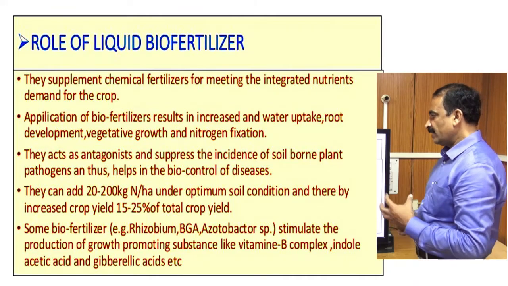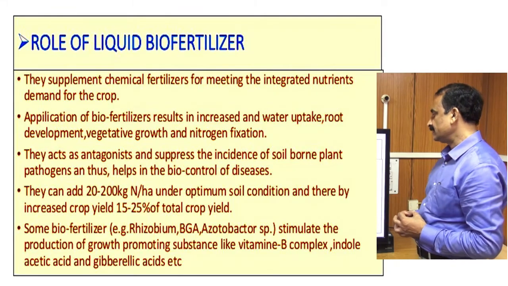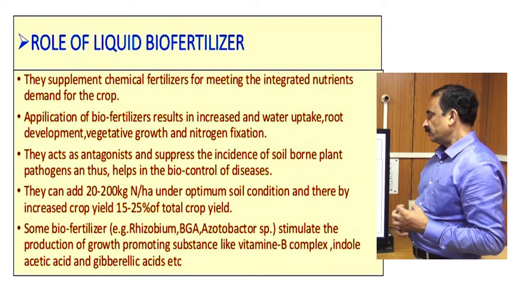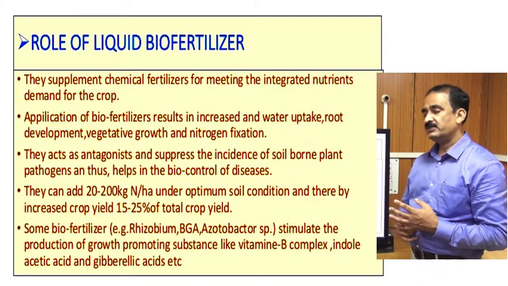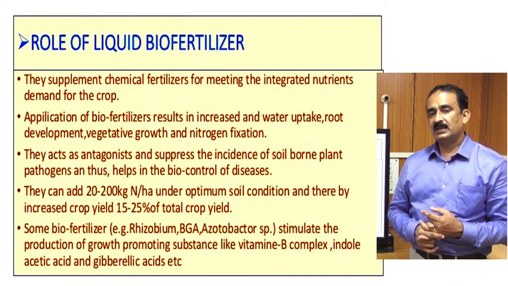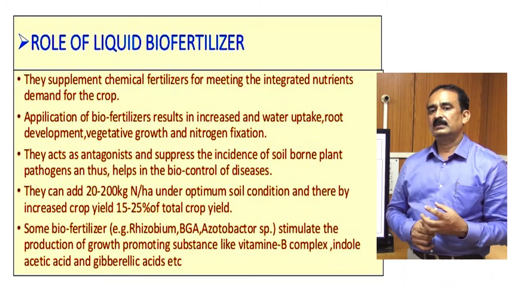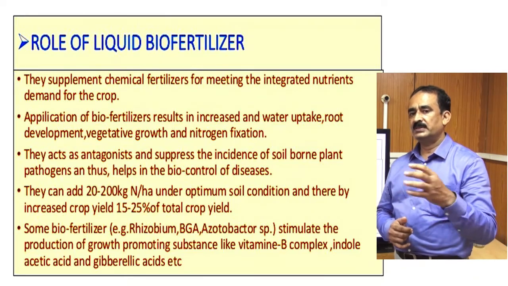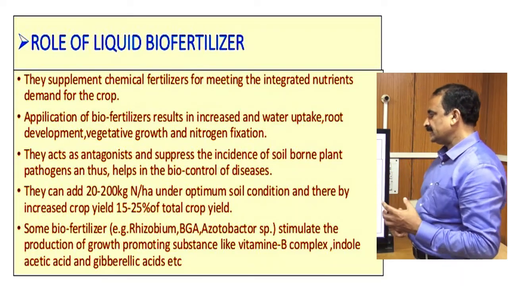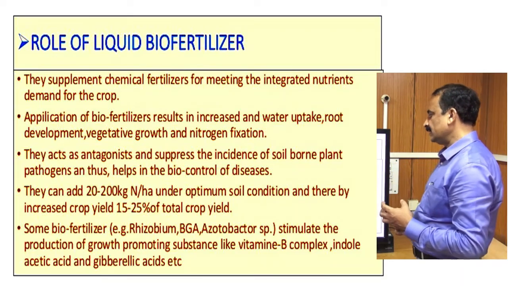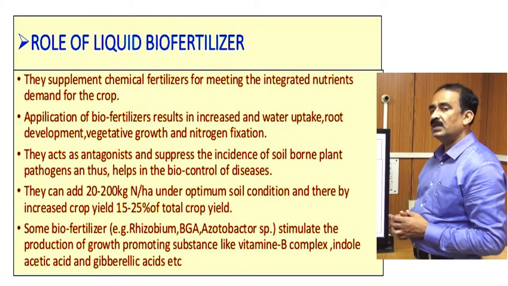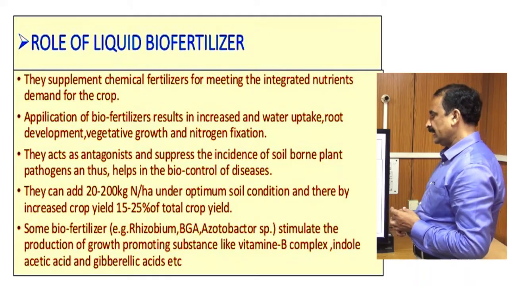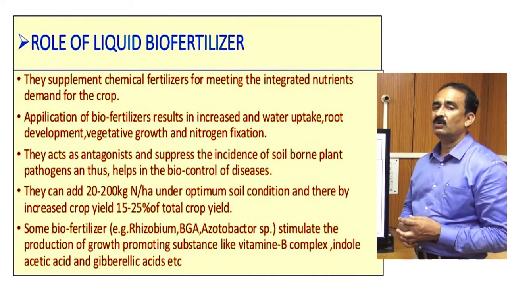Second one is application of biofertilizer results in increase not only of the plant nutrient, but it also helps to check some fungal effect in between crop cycle periods. They act as an antagonist and suppress the incidence of the soil-borne diseases, pathogen, and thus help in the biocontrol of the disease.